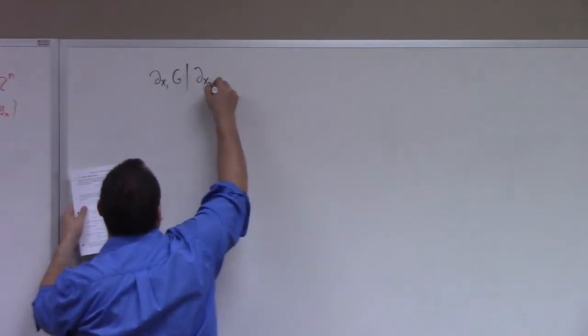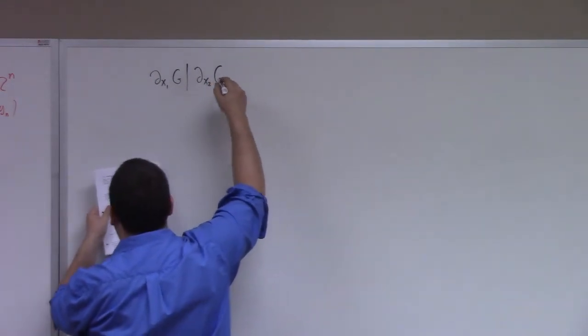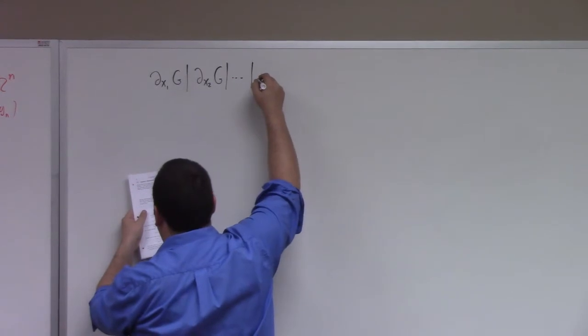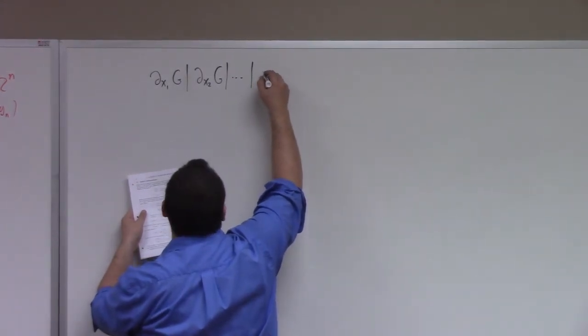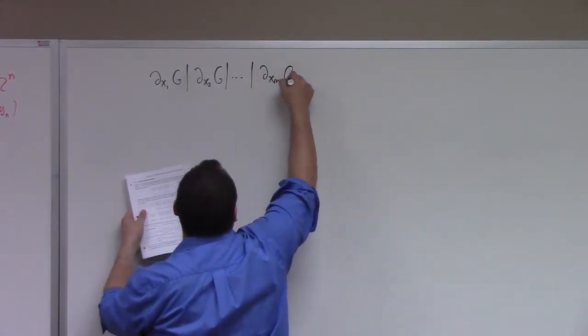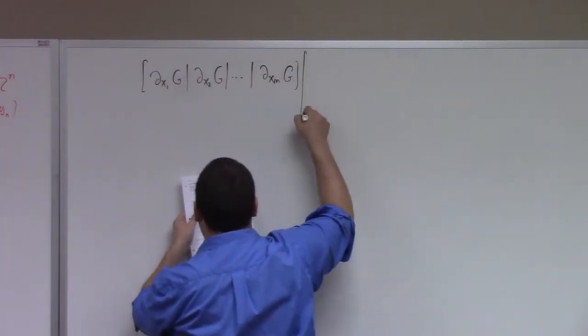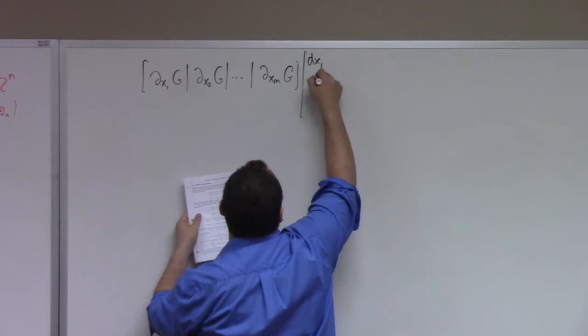Now I'm thinking of these as vectors of partial derivatives, the partial derivative of the vector-valued function g. So these are n vectors. So if I can take this system of linear equations, I can rewrite it like this.